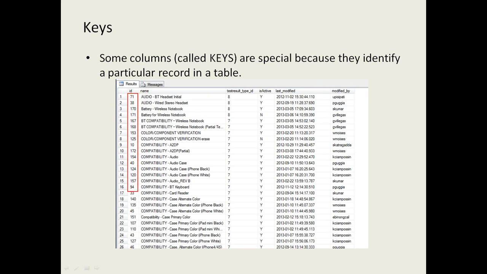In a database, there are some special columns that are called keys, and here's one of the steps forward in the database, that are very important because they identify a particular record in the table. Think about it. When you have a device, you can have manufacturer, name, model, whatever you want, but to uniquely identify a device, you better give it an ID that differentiates it from any other device.